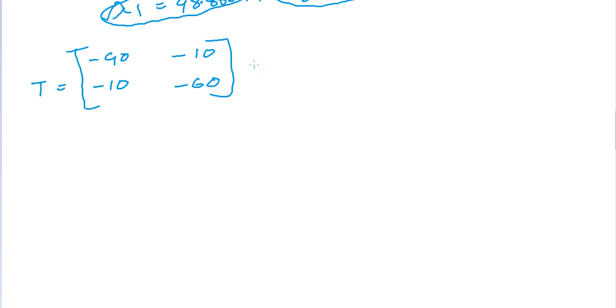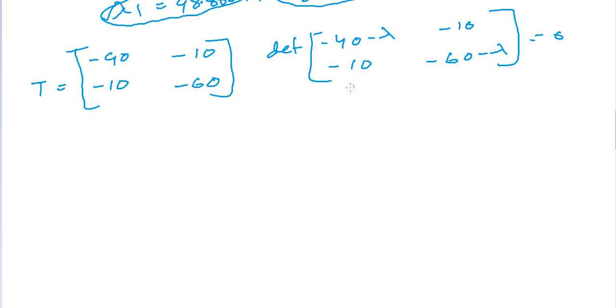We find the characteristic equation from the determinant: minus 40 minus alpha, minus 10, minus 10, minus 60 minus alpha, equal to 0. From there we get the characteristic equation: alpha squared plus 100 alpha plus 2300.